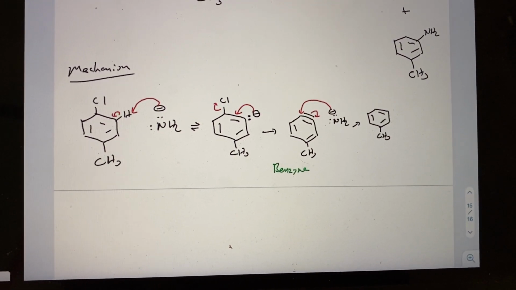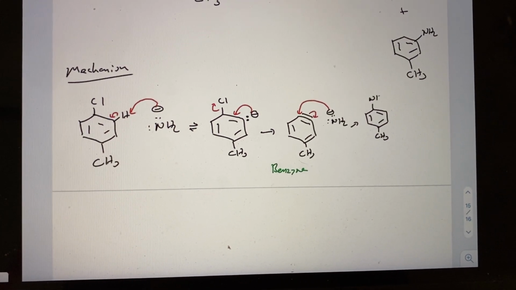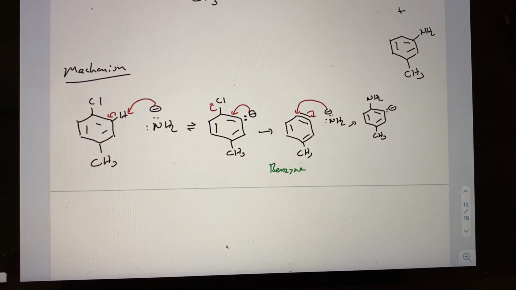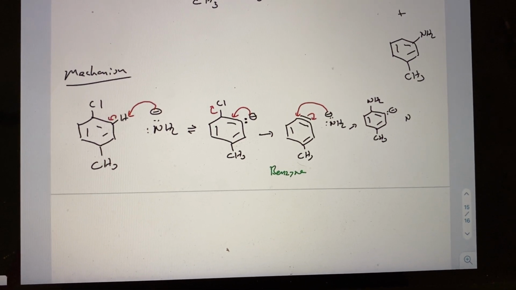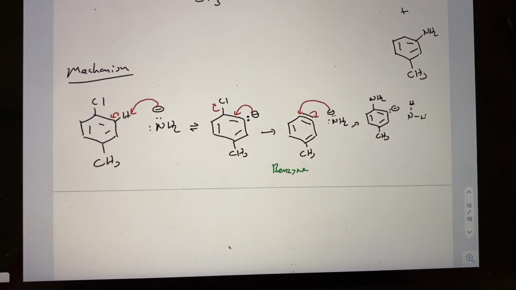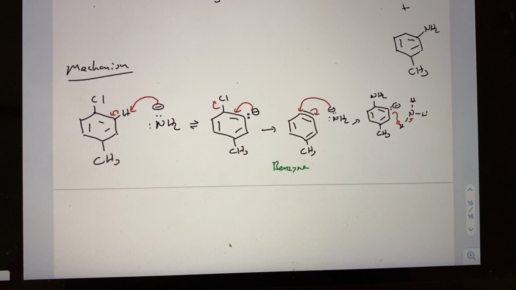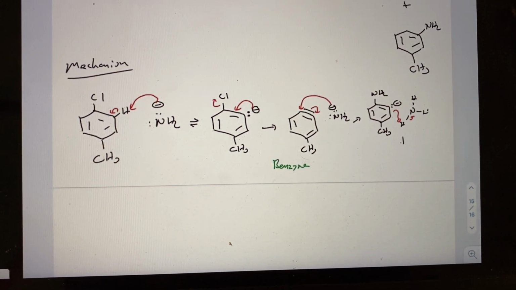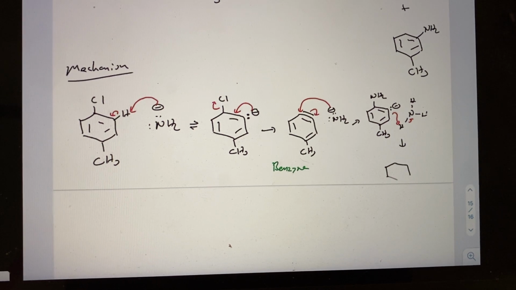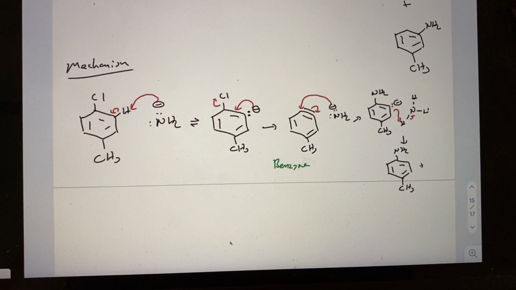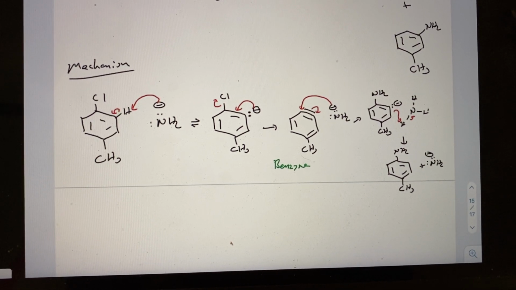We've restored our regular aromatic system. We have NH2. And now we have a lone pair back on this carbon. So that carbon is then going to quickly take a proton off of our ammonia solvent. We had NH3. So we'll go down here. Forming this product.